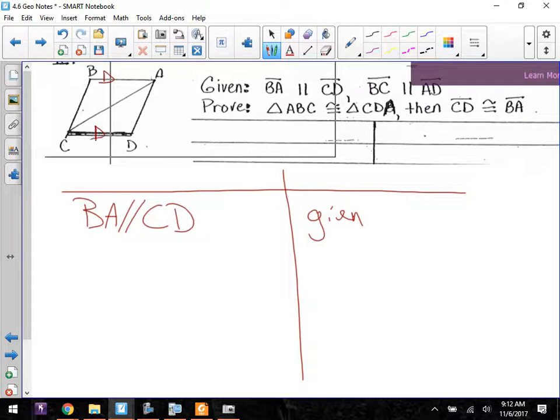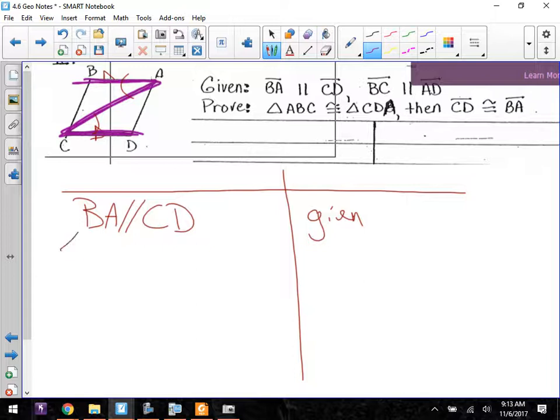So what you would do is make a Z. Where it changes direction, see how this part makes an angle there, and this one makes an angle there? Those are the two that work out to be congruent. So that's how you write it. Use the Z to help you find your alternate interior.